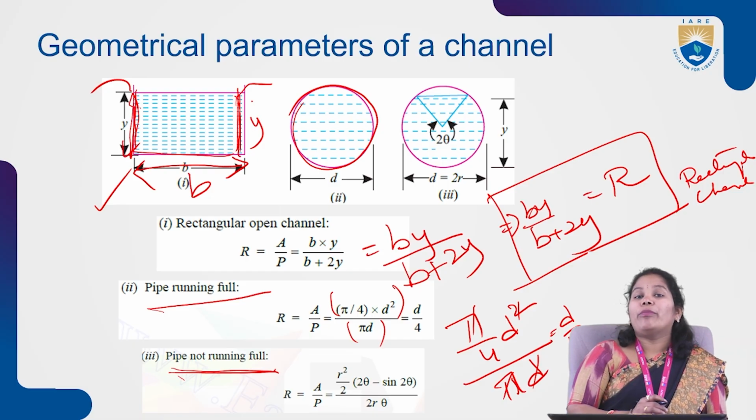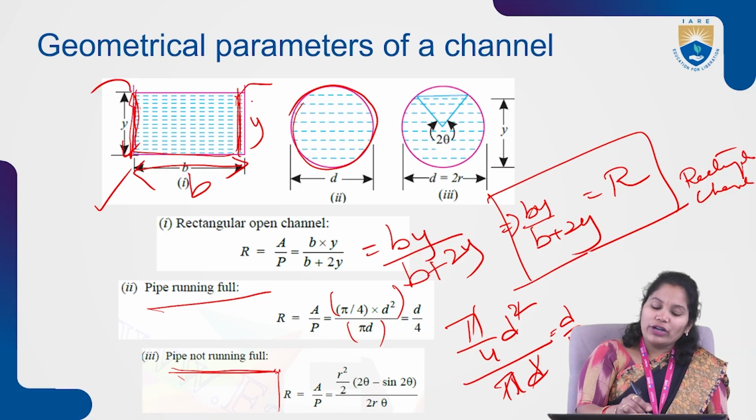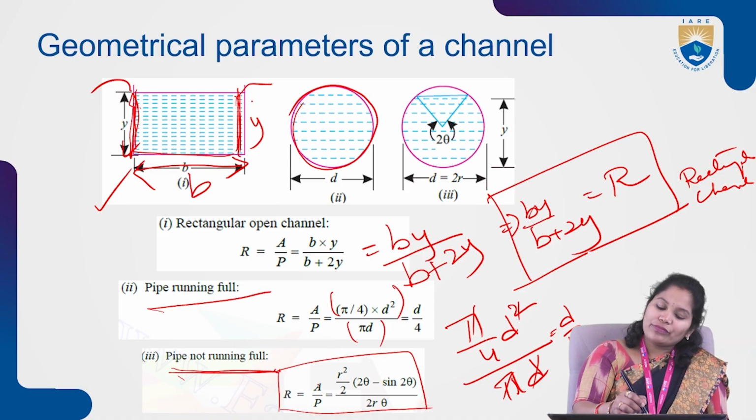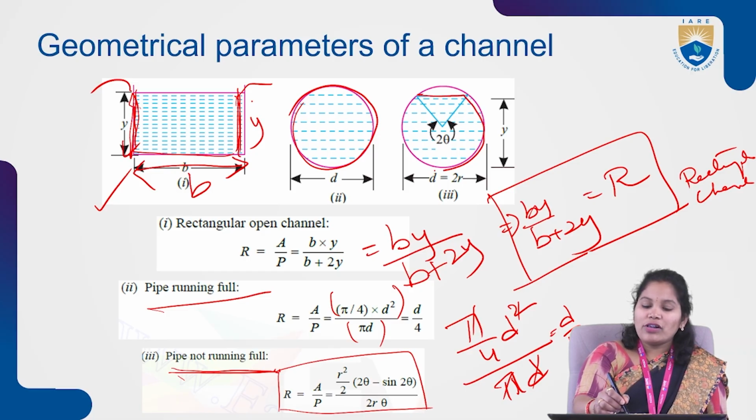When coming to the pipe which is not running full, here is the problem, and the formula is somewhat difficult compared with all the others. What is the area of a pipe not running full? You have to calculate the wetted area and wetted perimeter for this. This part is open, there is no flow here.